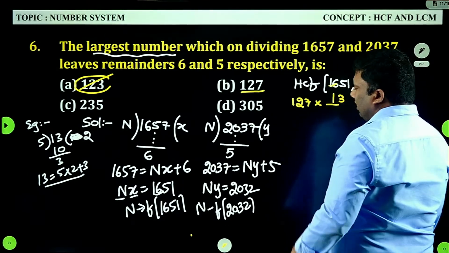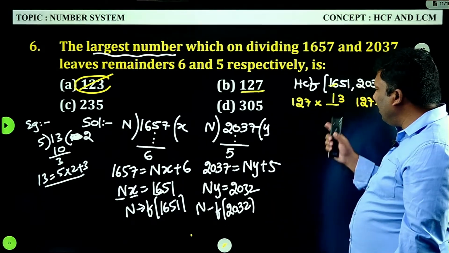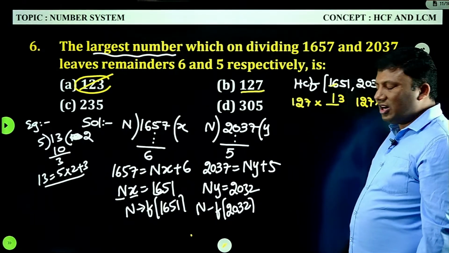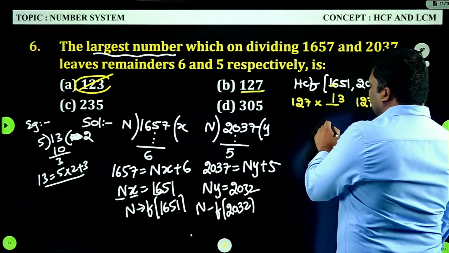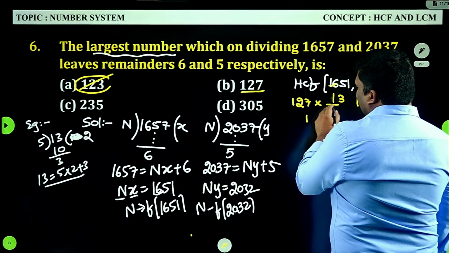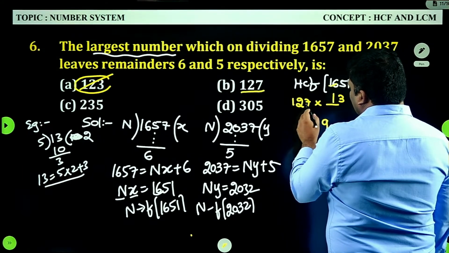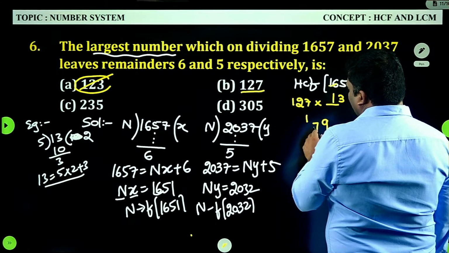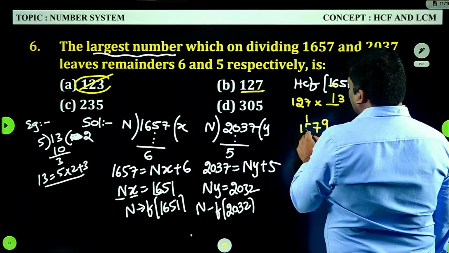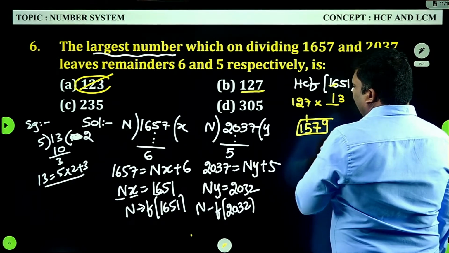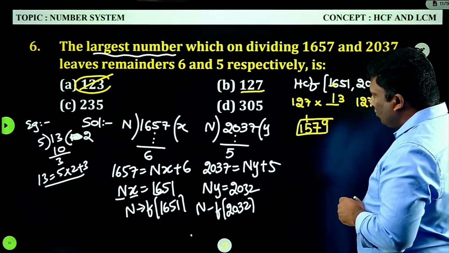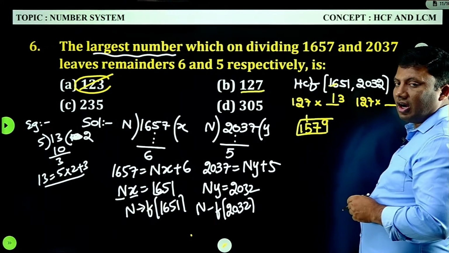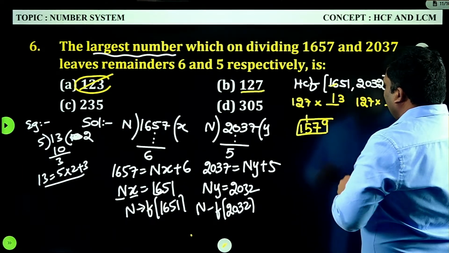Check whether it is 13. 13 sevens are 91, 13 twos are 26, 26 plus 1, 27. It is coming 1729. So 127 is not possible.